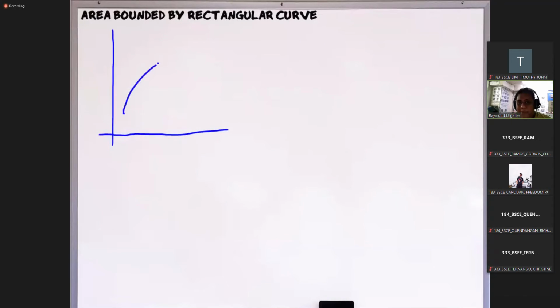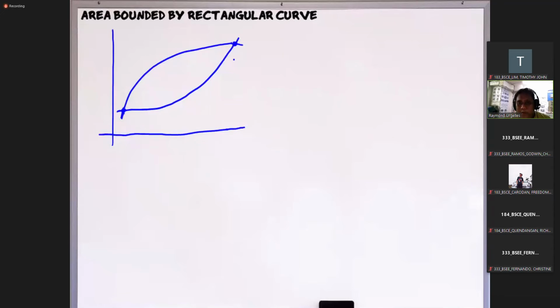So let's say we have this curve, di ba? And we have this curve. Okay, so we have this curve here. Itong dalawang curves na to. So ito yung points of intersection natin. Pag nagsosolve kayo ng area bounded by dalawang curve, ang una niyo kailangan i-solve dyan is yung boundaries. Di ba? And yung boundaries natin, makikita natin usually sa mga points of intersection.